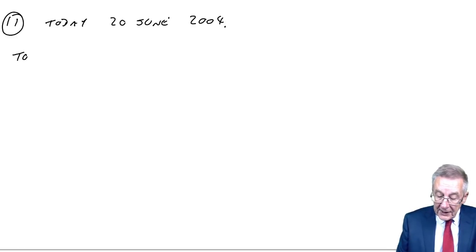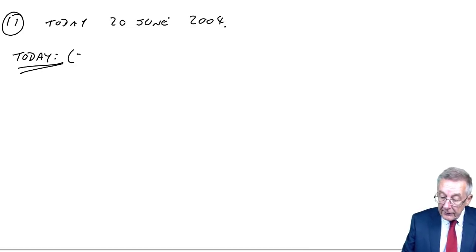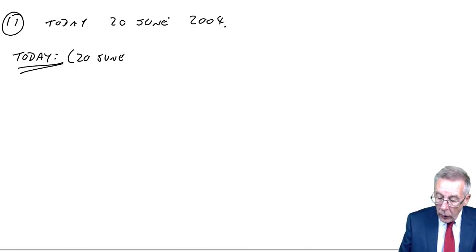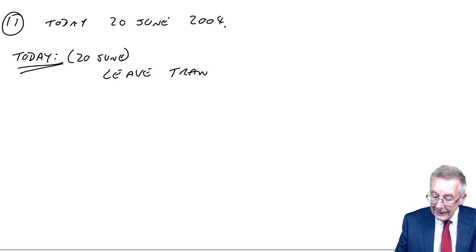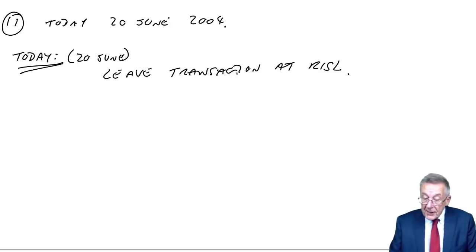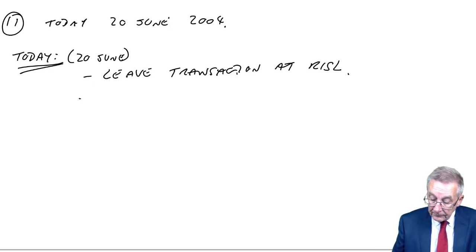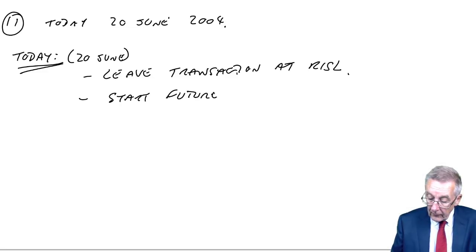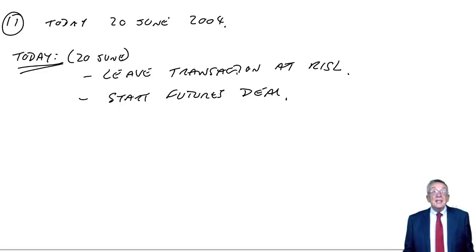First of all, what will happen today? As of today, 20th of June, we'll leave the transaction at risk. But we'll start a futures deal. And what's the deal going to be?